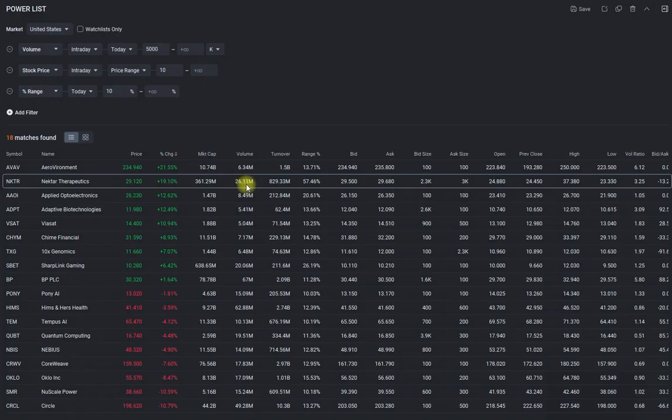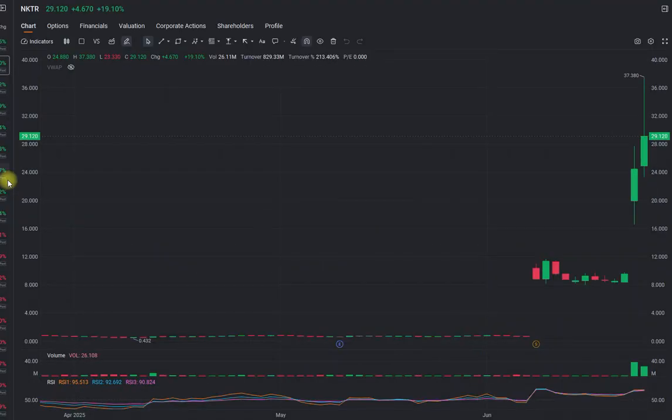So let's take a look and see what the analysis of this stock is or was. First of all, let's start with the daily chart. If you remember, guys, the stock was 70 cents more than 2 weeks ago. Then they did a reverse split of 15 to 1, so the stock went from 70 cents times 15, that's like $10. And then the news came out of a new drug. This is a biotech stock, obviously.